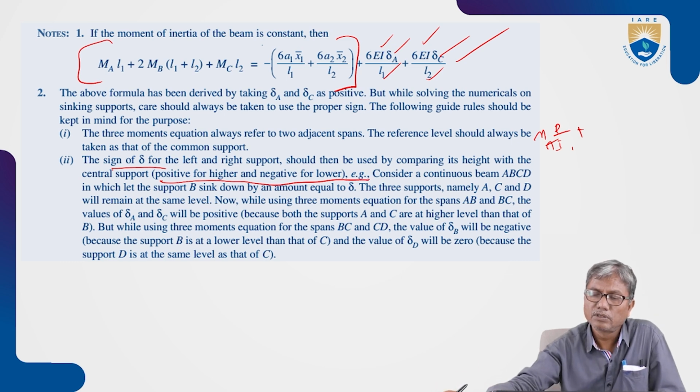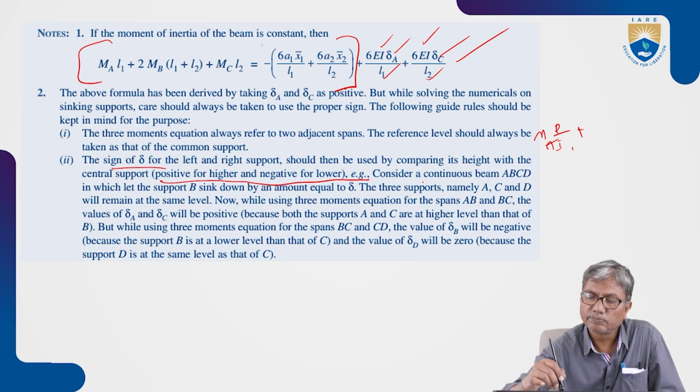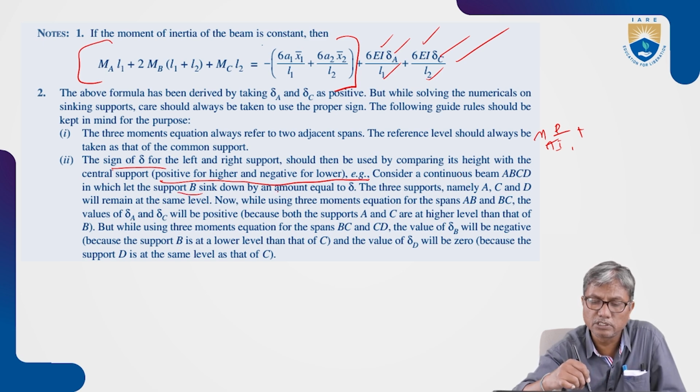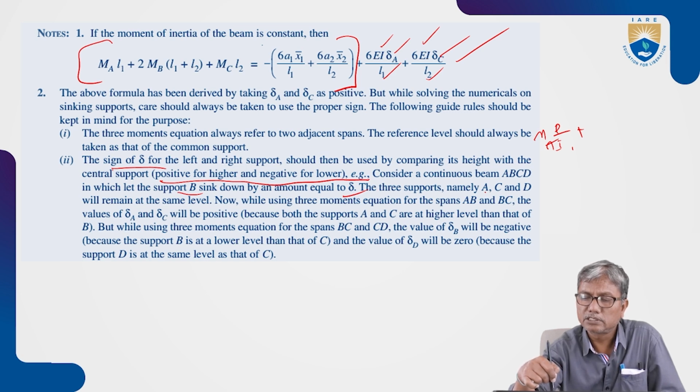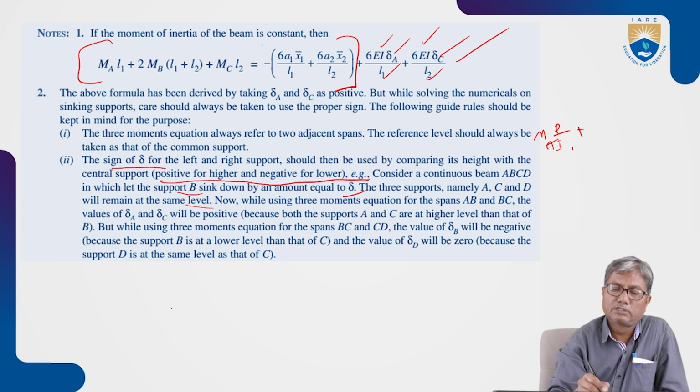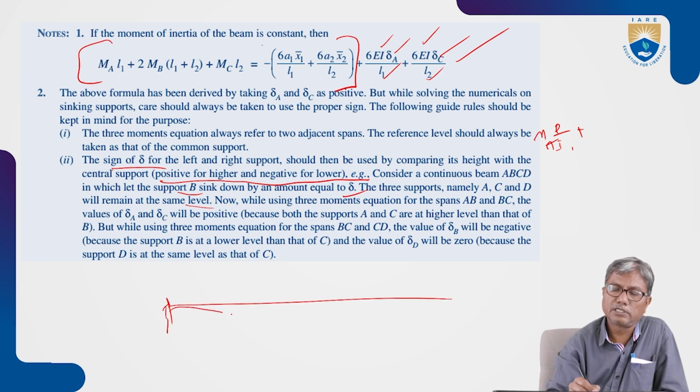Considering continuous beam ABCD, if the support B sinks down by an amount delta, the three supports, namely A, C and D, will remain at the same level. B only sinks by delta.